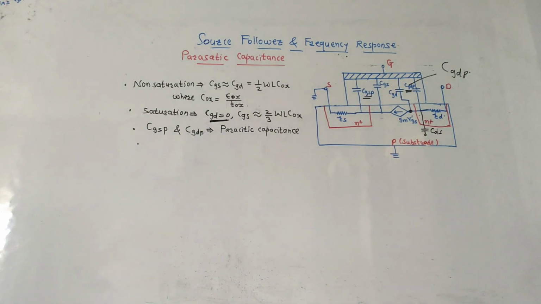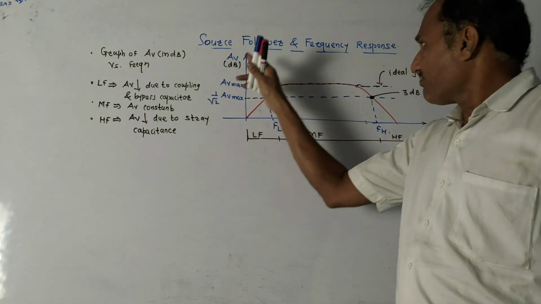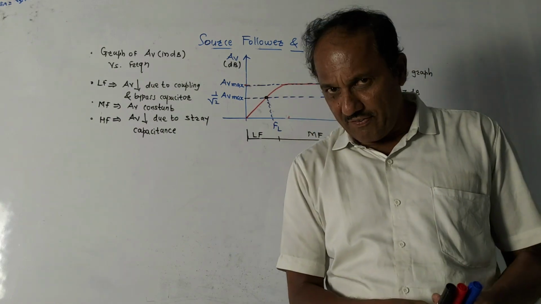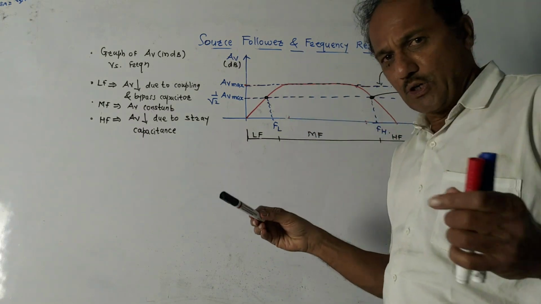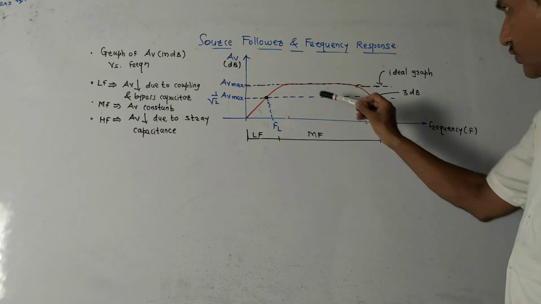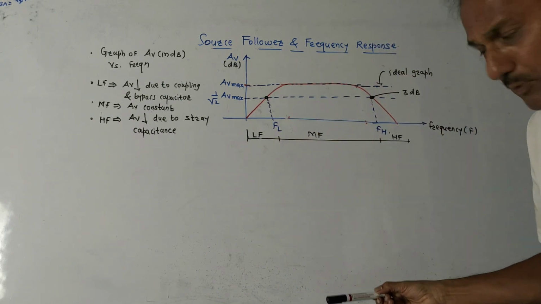Now the last important part, frequency response of MOSFET amplifier. You may expect a question like this: draw the frequency response and explain it for a MOSFET amplifier. So this is the graph of frequency response. What's the definition? How is this graph plotted?